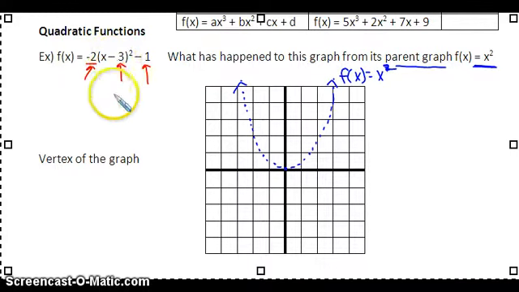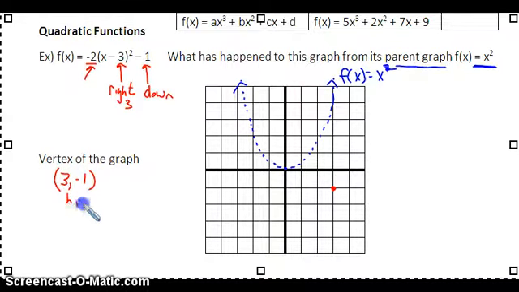So if this is -3, it's really going to move it right 3. This -1 will move my vertex up and down, and so a -1 is going to move it down 1. So I can take this from (0, 0), move it right 1, 2, 3, and down 1, and that should be my vertex of the graph. So the vertex of the graph is (3, -1).